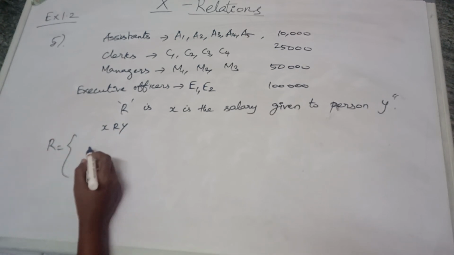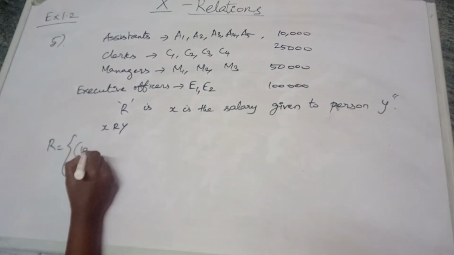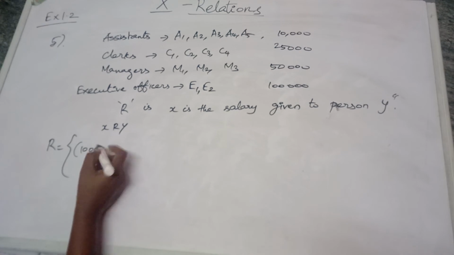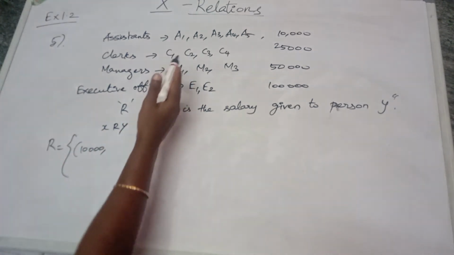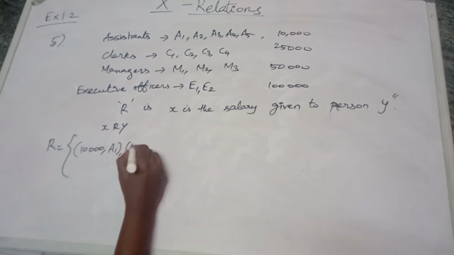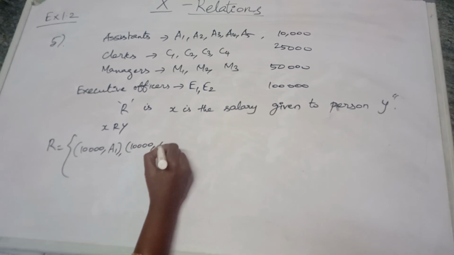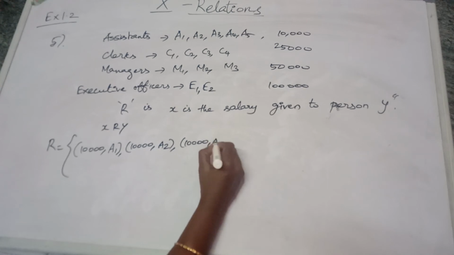Here we can start from the assistant's salary, 10,000. So x is the salary, so 10,000 comma, and this salary is for whom? For assistants. How many assistants are there? 5 assistants. So 10,000 for A1, 10,000 for A2, like that 10,000 for A3.